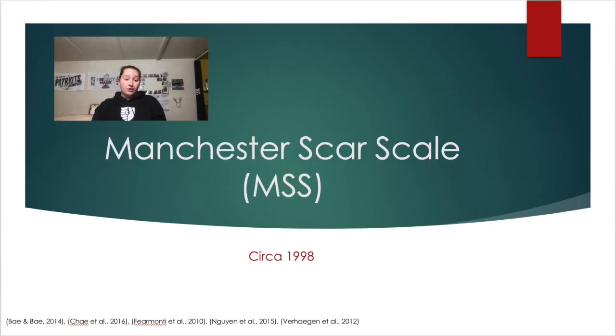So the third and final assessment of scars that we're going to go through today is the Manchester Scar Scale. This was developed in 1998. So remember, 1990, 2004, now we're at 98, kind of in the middle. This scale was developed with the goal of quantitatively assessing scars based on clinical, photographic, and histological features of the scar.